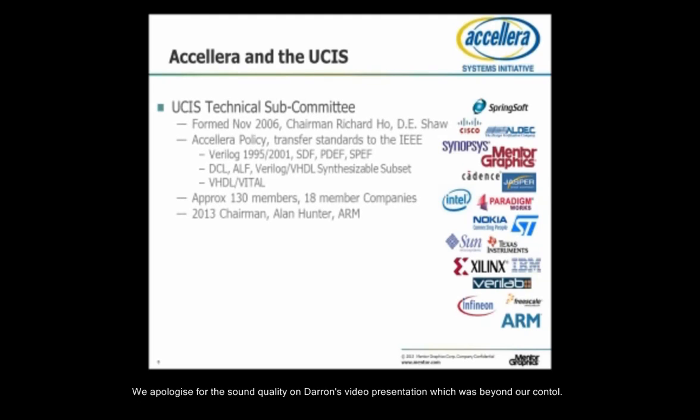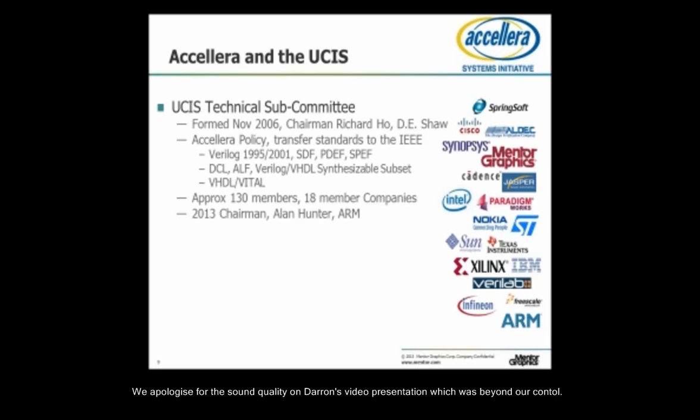So let me talk a little bit more now about the UCIS. The UCIS was a subcommittee that was formed back in 2006. Initially a guy called Richard Coe, who worked at the time for D. E. Shaw, was the chairman of this group. And basically what Accellera's policy is, is to transfer what's developed inside Accellera into the IEEE, and this has happened in lots of the standards that you probably know today, to do with Verilog and VHDL, SDF, all of these kinds of standards.